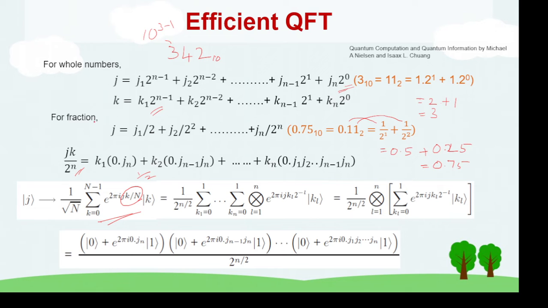Like when you have 2 square into 2 cube, this is nothing but 2 to the power of 5. We add the indices. So since we have addition, we need to express this in terms of multiplication, and that is what is done here.